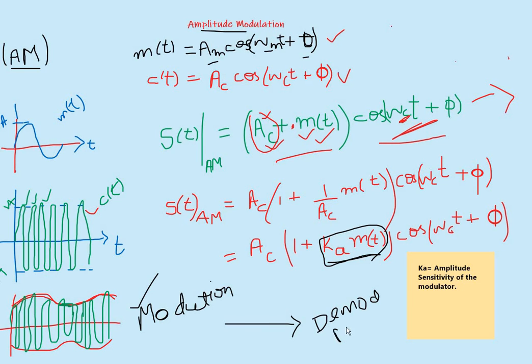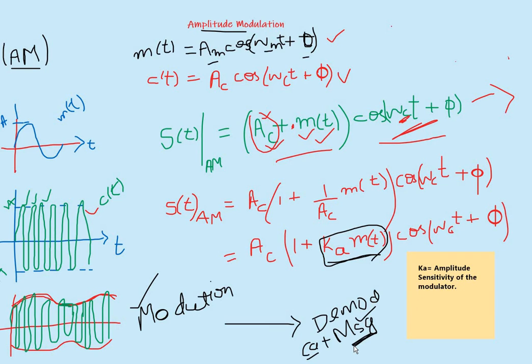So what we will do? We will separate our carrier signal and message signal, and we will take our message signal and ignore our carrier signal, because the message signal is what is important, right?